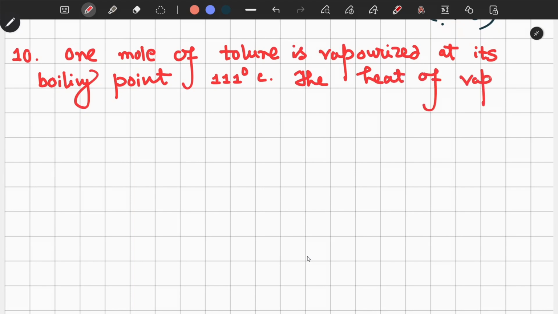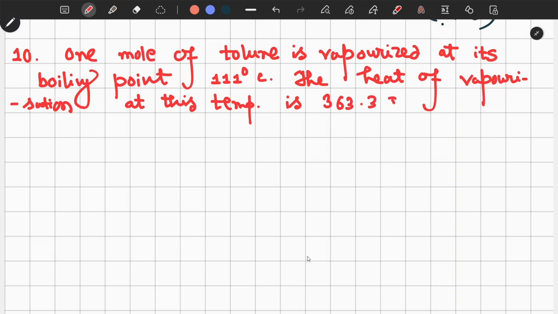The heat of vaporization at this temperature is 363.3 joule per gram.